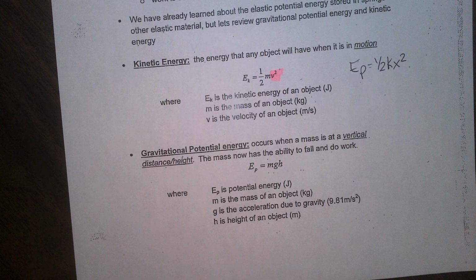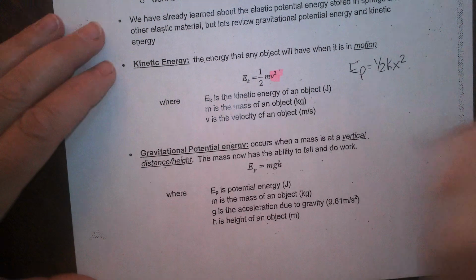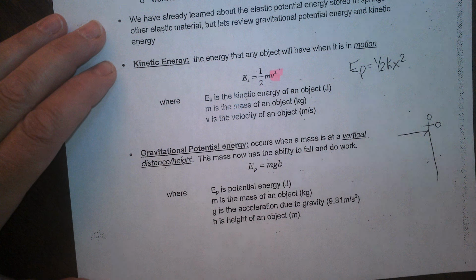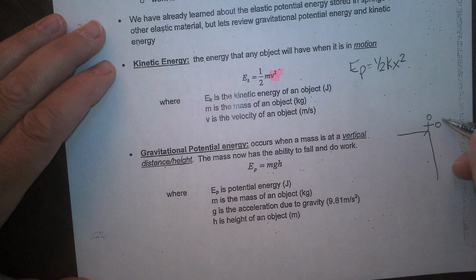Gravitational potential energy is when a mass is at a vertical distance. It has the ability to fall. So that's our questions here, where we have the guy with the ball at the edge of a cliff. Before this ball drops from his hand, this ball is 100% sitting at gravitational potential energy. It has the potential to fall.